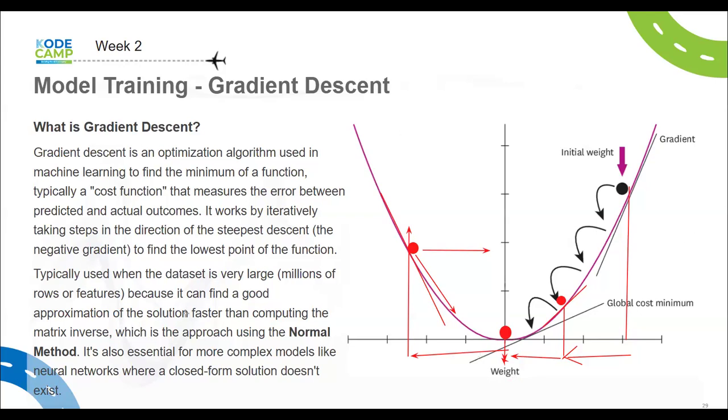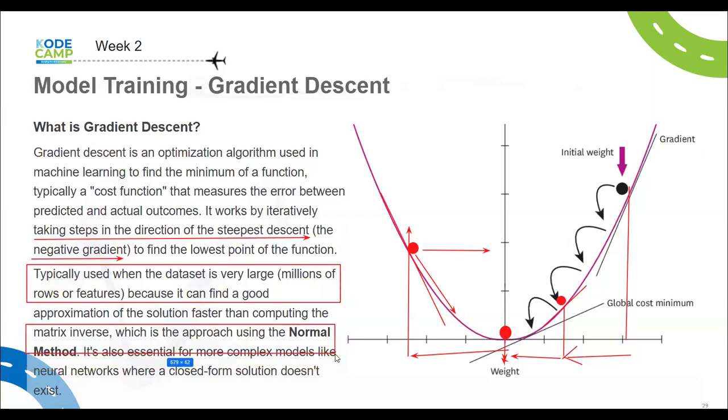So this is gradient descent. Gradient descent works by iteratively taking steps in the direction of the steepest descent. The direction of the steepest descent is actually the negative of the gradient, to find the lowest point. You typically use gradient descent when you have a lot of rows and columns that translate to a lot of parameters, because you will get the solution faster than using the normal method.